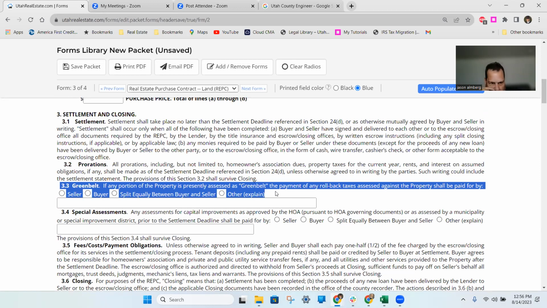Greenbelt is a tax deferred or tax rebate status that is offered to landholders that have large areas of open green land, typically in an area that's growing. So you'll see in the south end of the Salt Lake Valley and Herriman, there are still cornfields. That's greenbelt. That's maintained as green space. And in order to prevent them from selling it into development, they're given a tax rebate toward the use of the land for agricultural purposes.